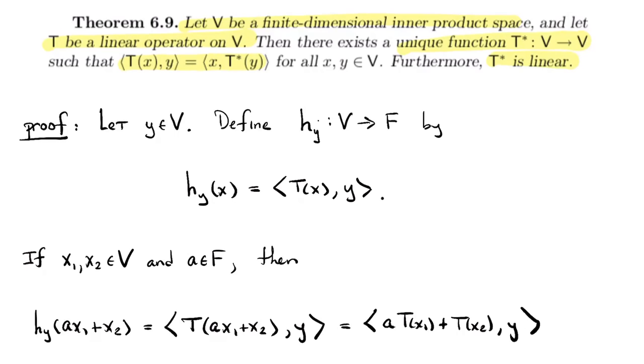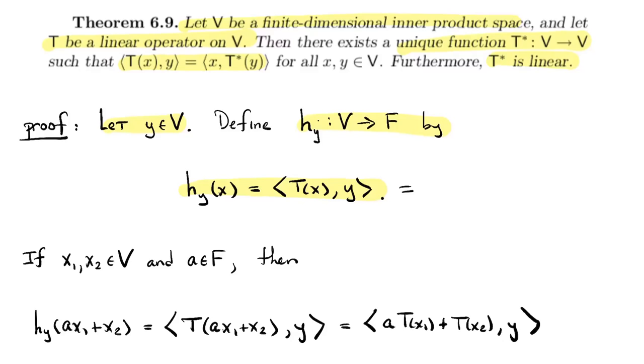Okay, so how to prove this? Well, given a y in V, let me define the function h sub y from V to F by h sub y of x is the inner product of T of x with y, not x with y, but T of x. So I claim that h sub y is linear. I'm going to give a direct proof of that below, but there's also a shorter proof.